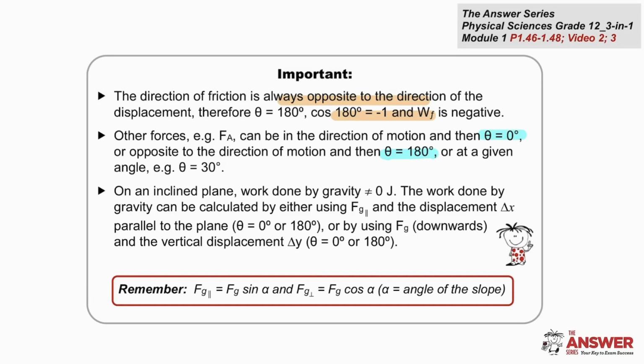Gravitational force is always straight down, so it all depends on the direction of the displacement, whether or not gravitational force does any work. The only time the work done by the gravitational force equals 0 is when the displacement is horizontal.